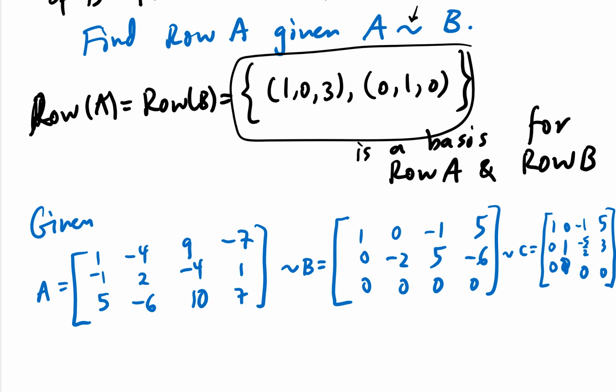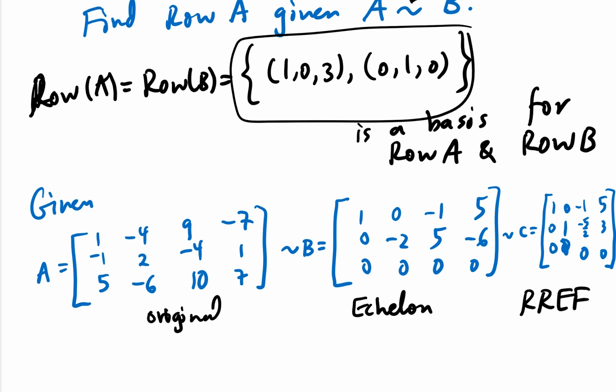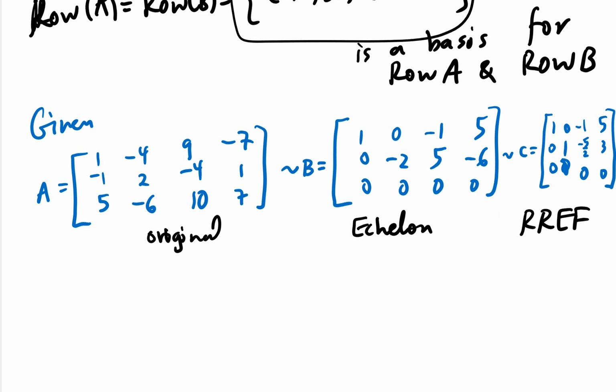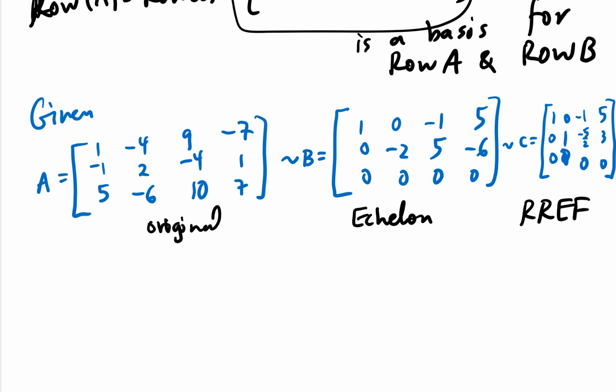So what do we have here? This is the original matrix. I give you the one in echelon form, and then the one in reduced row echelon form of that matrix. And we're going to ask you to find a lot of things.